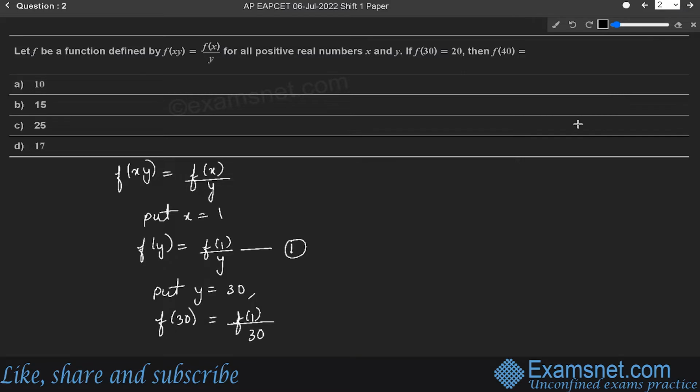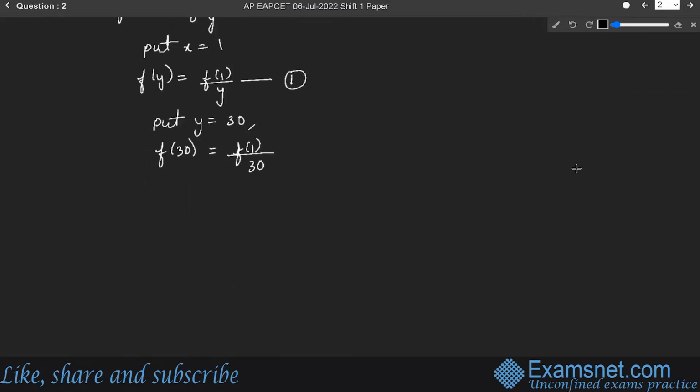From here we can calculate the value of f of 1. So f of 1 will be equal to 30 into 20. Therefore, f of 1 will be equal to 600, because we know that f of 30 is given in the question, which is equal to 20.